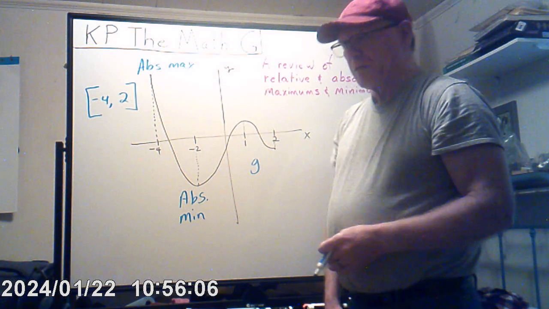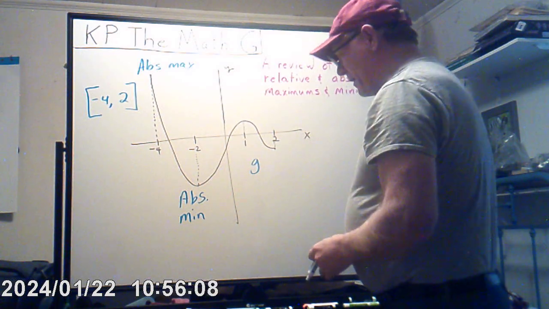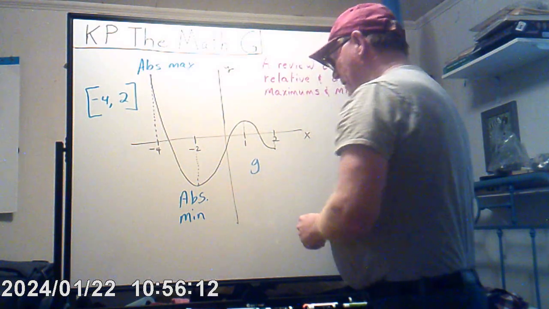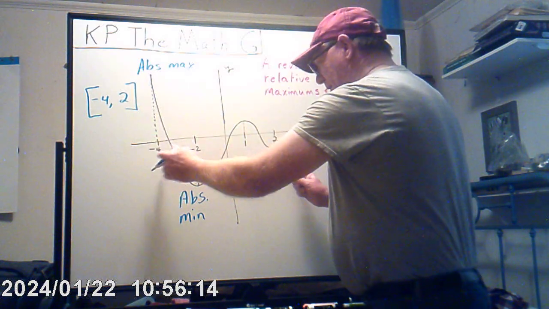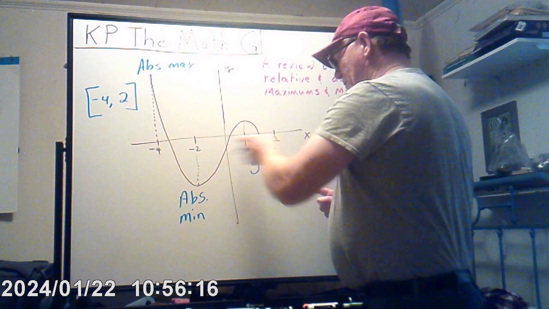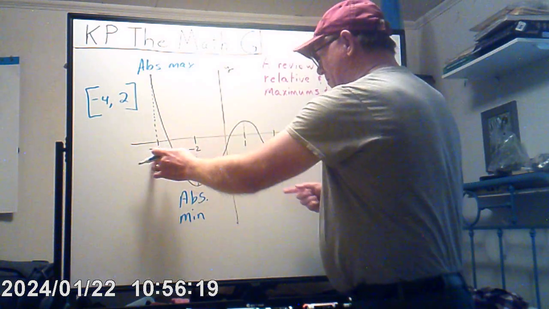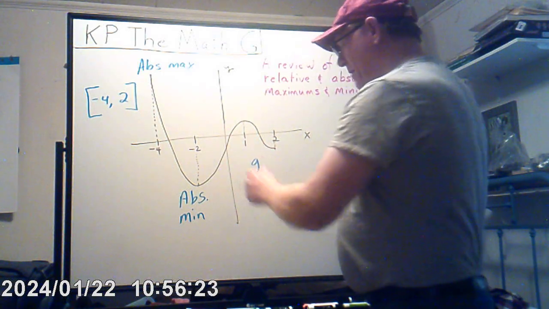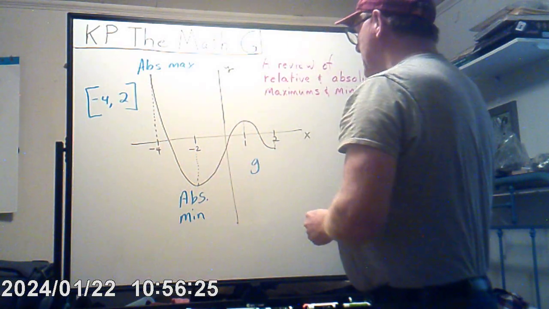Some people say critical points. They're within the open interval from -4 to 2. These are called critical numbers. But anyway, it's an absolute min.